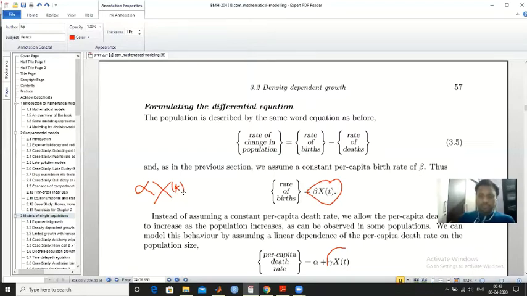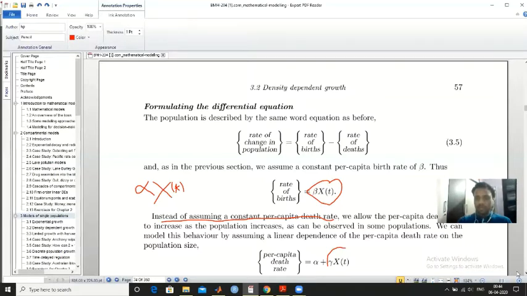Now the population does not depend only on x, as there are some additional phenomena due to which additional deaths are occurring. Instead of assuming a constant per capita death rate, previously we considered alpha constant, and multiplied by x that remains a constant death rate which depends only on x.